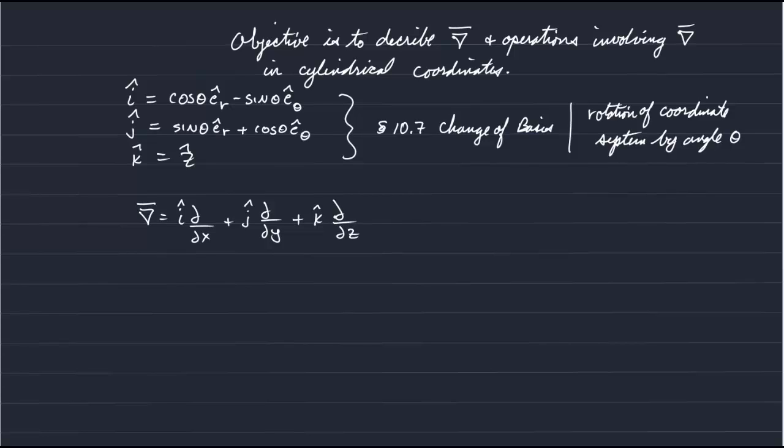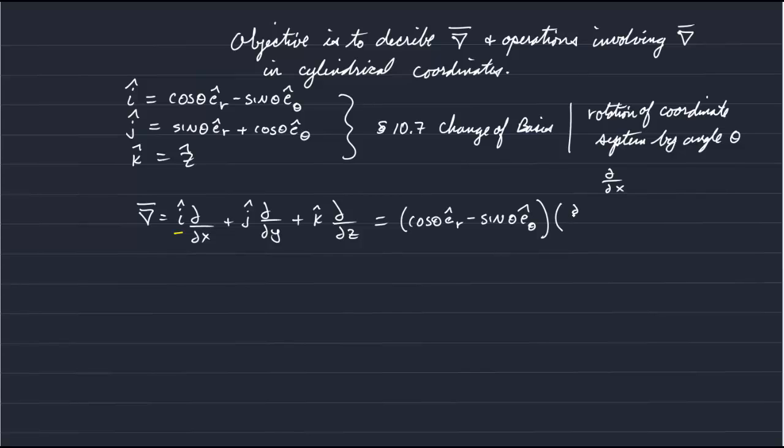So this is del in Cartesian coordinates, and substituting our relationship for i hat, we have cosine theta e hat r minus sine theta e hat theta for this first term. And then for the derivative with respect to x, I'm going to now write d by dx.